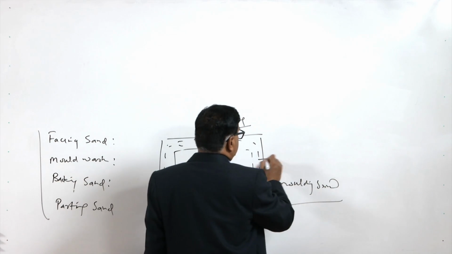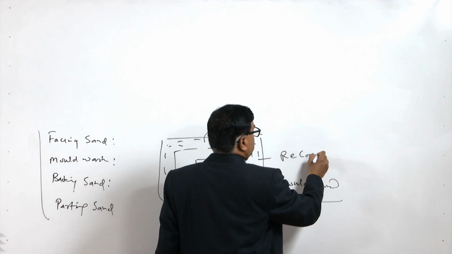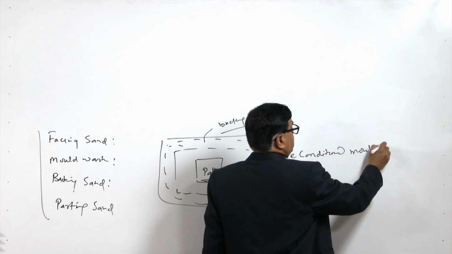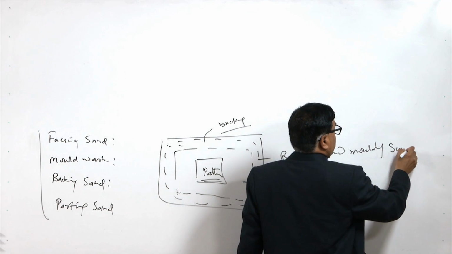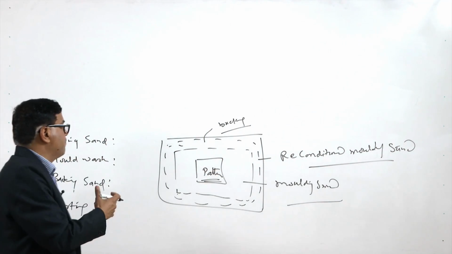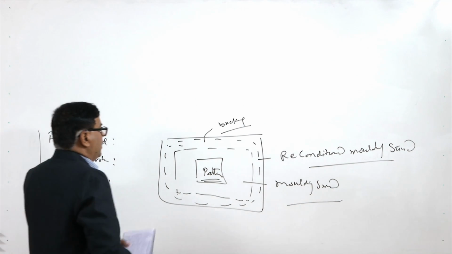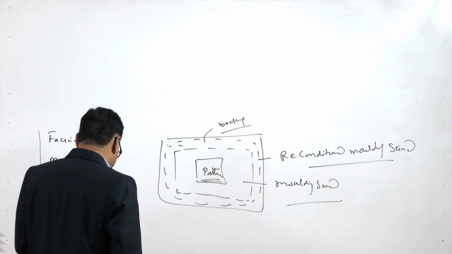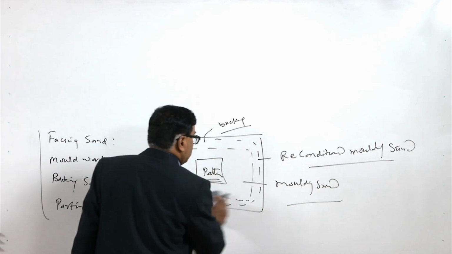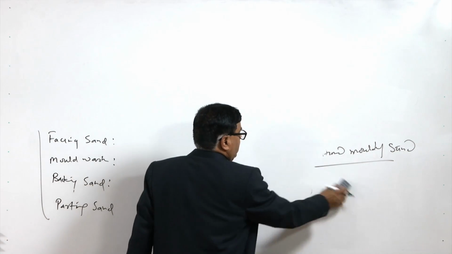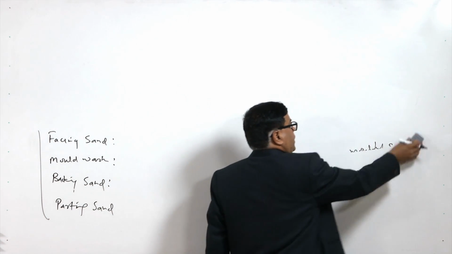So, backing sand is basically the reconditioned moulding sand which is used to provide the required backing to the main moulding sand which is next to the pattern.